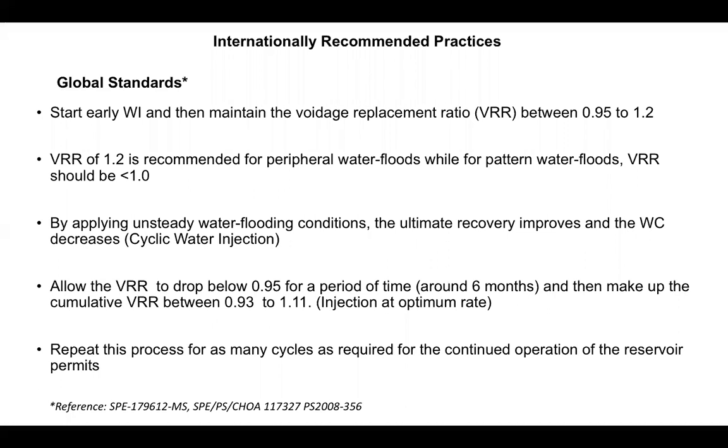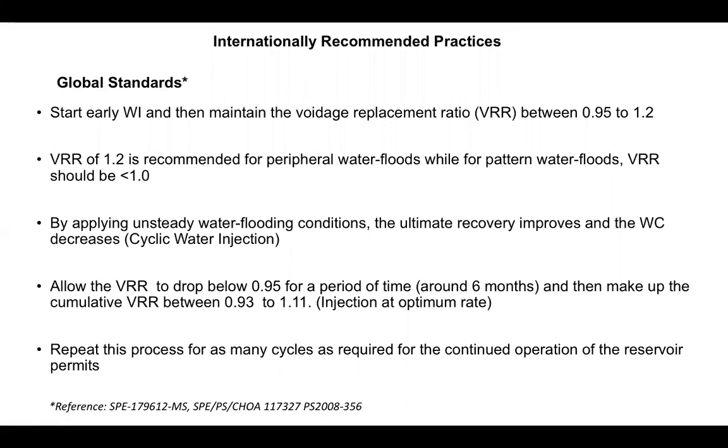Why? Because in a peripheral line drive, you're injecting away from the producers. But when you have a pattern flood, your producers are part of the pattern, so you do not want to water out the producer. You want to ensure that your voidage is getting replenished and you're injecting enough to maintain the pressure. So it is okay if you maintain VRR at 1 or just below 1.